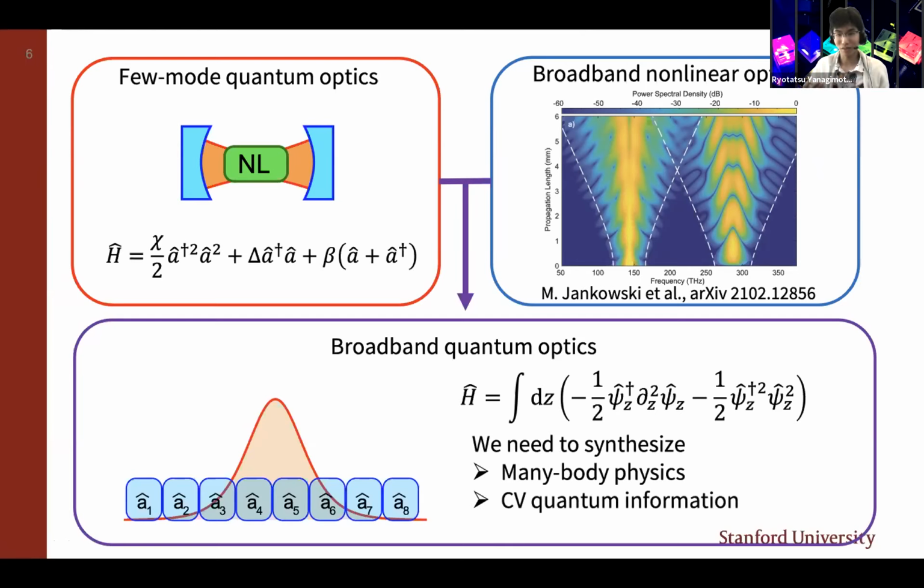We also want to think about CV quantum information, because they experience highly quantum dynamics. And because they happen in this multi-mode regime where a lot of frequency modes are involved, we also need to include ingredients from ultra-fast nonlinear optics.